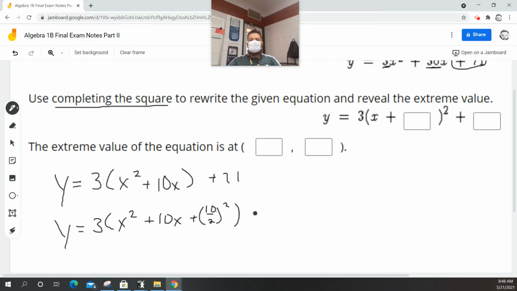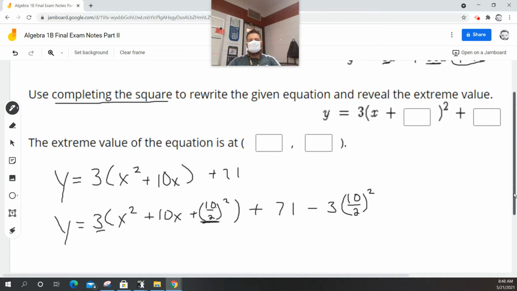And then over here I've got plus 71. But remember, if I add this in, I got to subtract it out here. Also remember that that's going to end up getting multiplied by 3. So I'm going to say minus 3 times 10 over 2 squared. All right, we're getting there.